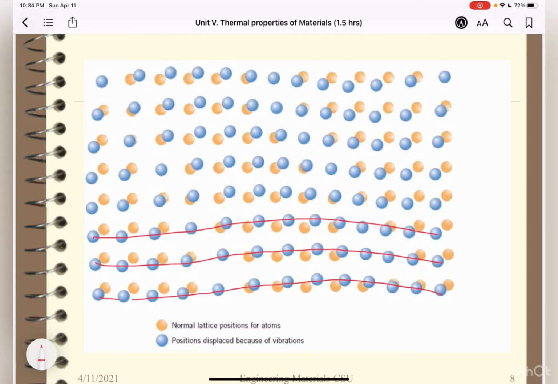A single quantum of vibrational energy is what we call a phonon, and this is analogous to the quantum of electromagnetic radiation called the photon. Phonon is for vibrational energy, and photon is for electromagnetic radiation.